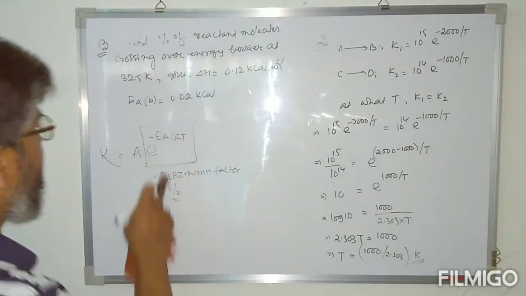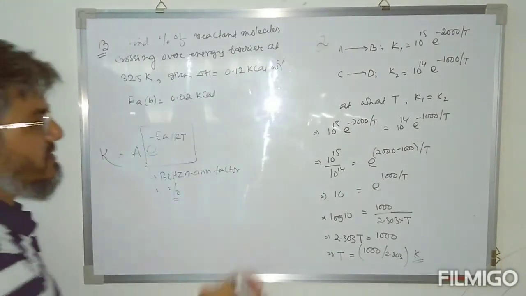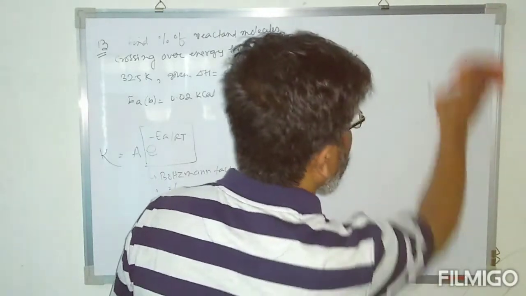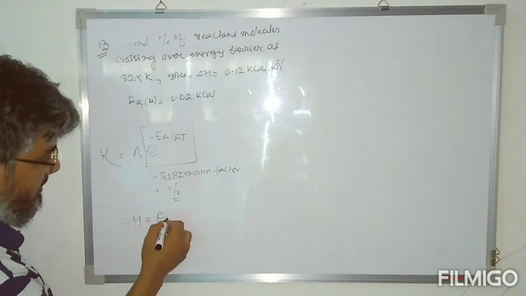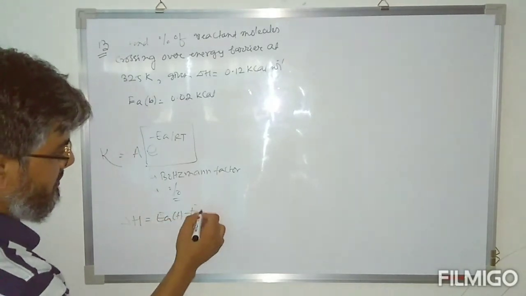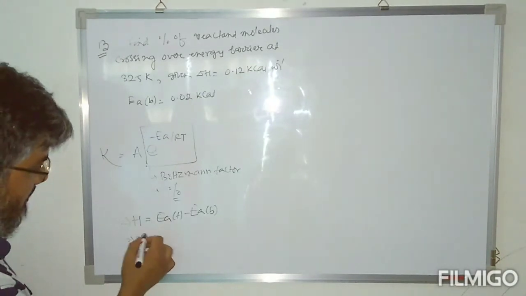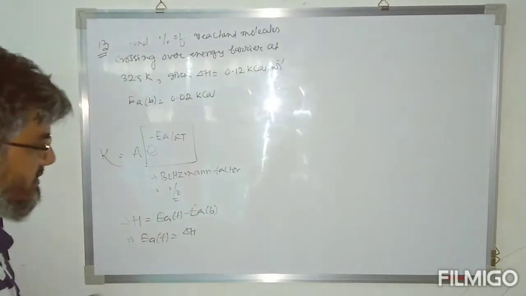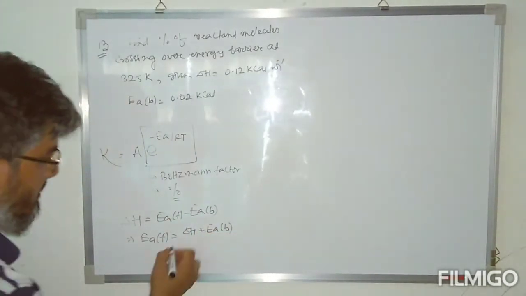Now for this we require the activation energy, but the activation energy of the backward reaction and the enthalpy are given. So we have to use the relation between enthalpy and activation energy. Enthalpy of reaction is activation energy of forward minus activation energy of backward. So therefore, activation energy of the forward reaction is delta H plus activation energy of the backward reaction.